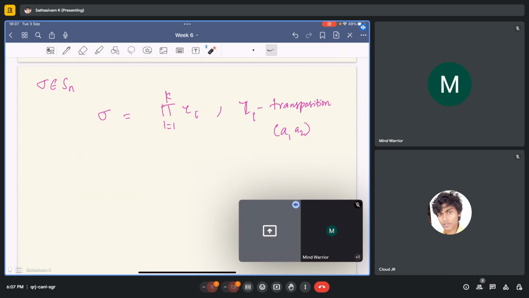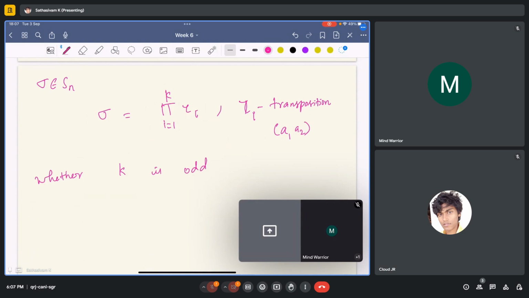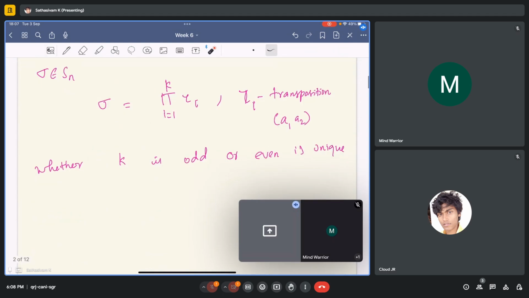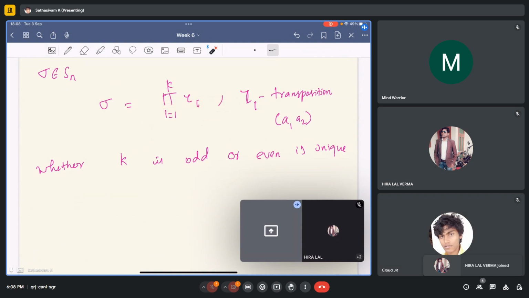But what we have observed is that the parity of this is unique. Whether this k is odd or even is unique. By unique, what I mean is if you give a permutation and write this sigma as a product of transpositions, you count how many transpositions there are, and whether that is even or odd is unique to the sigma.